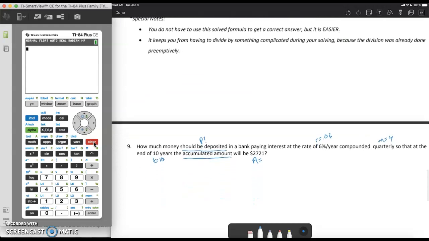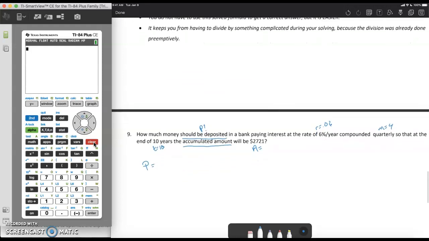I'm going to go ahead and use the present value setup for this because I can do P equals A, which is 2,721, times the quantity, 1 plus the rate, 0.06, over M, which is 4, to the 4 times 10 power. So this is 40. I'm going to just go ahead and type that in.